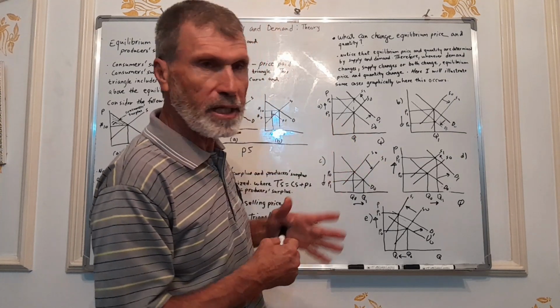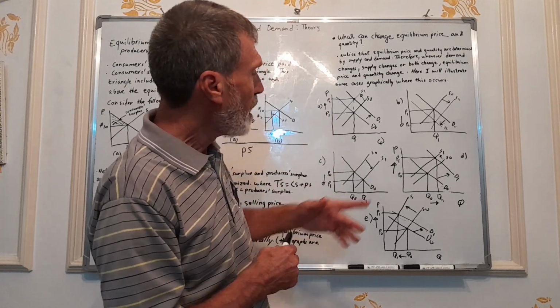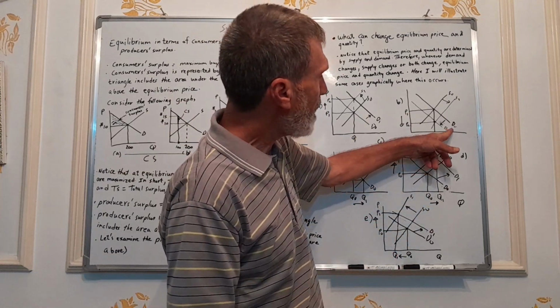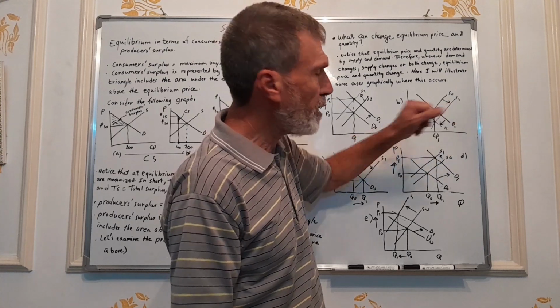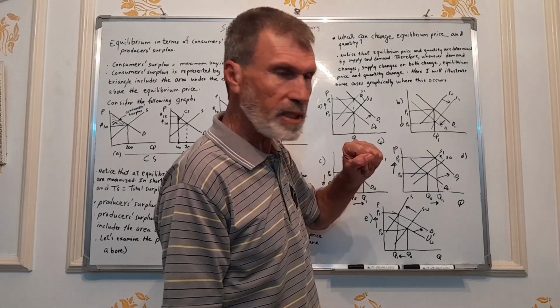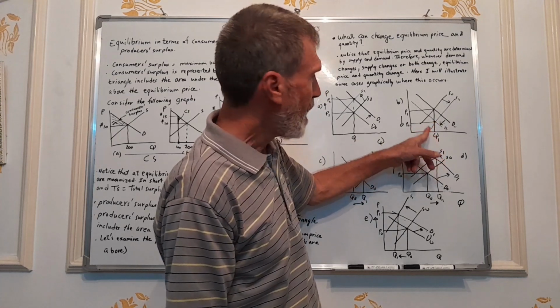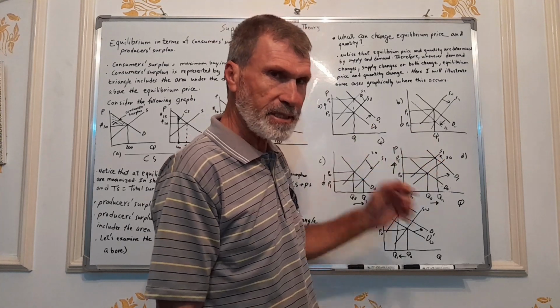However, the price will increase from B1 to B2. In the second case, B, the demand decreases by the same amount as the supply increases. So the quantity stays the same, however, the price will go down.